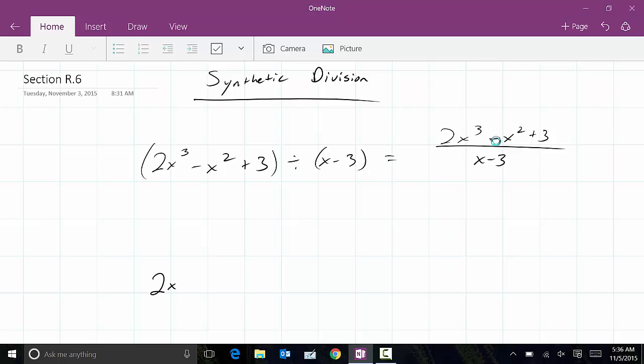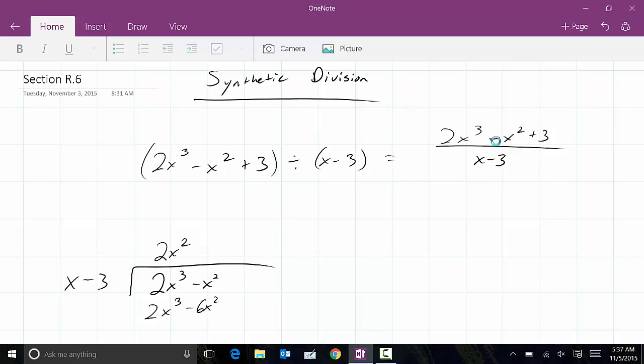So we have 2x cubed minus x squared plus 3, and we're going to divide that by x minus 3. Okay, so what do we need to multiply x by to give us 2x cubed? We need to multiply by 2x squared. So 2x squared times x is 2x cubed, and 2x squared times negative 3 is minus 6x squared.